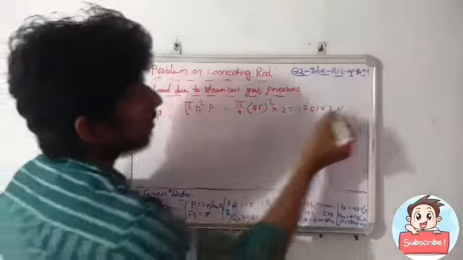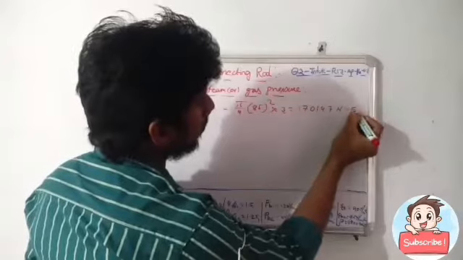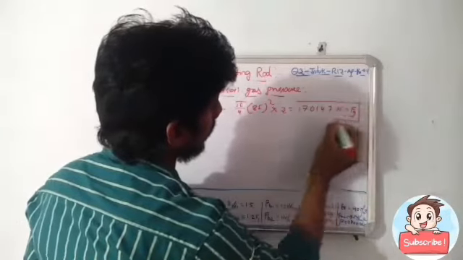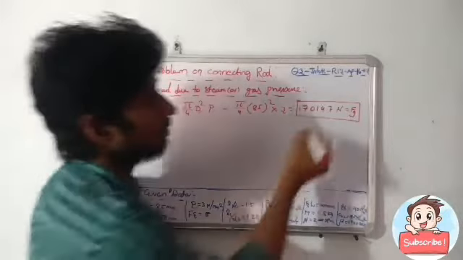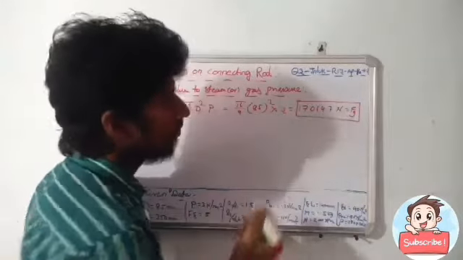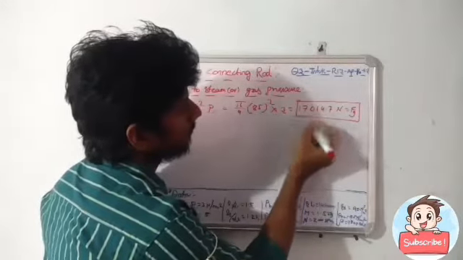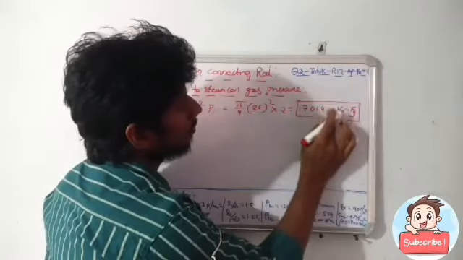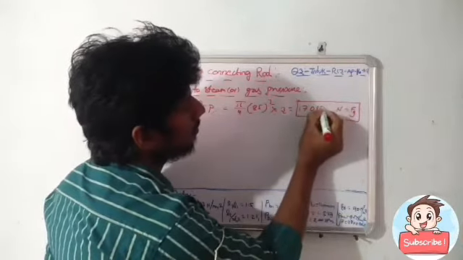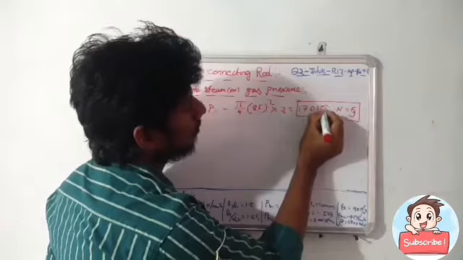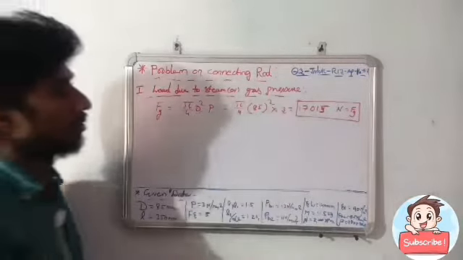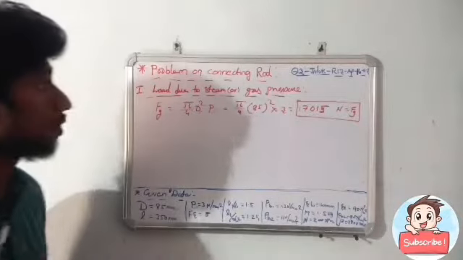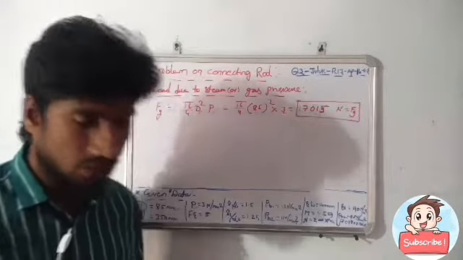So this is the Fg value here. Consider it rounded off to 17015 for proper design. So this is about the load due to steam or gas pressure.